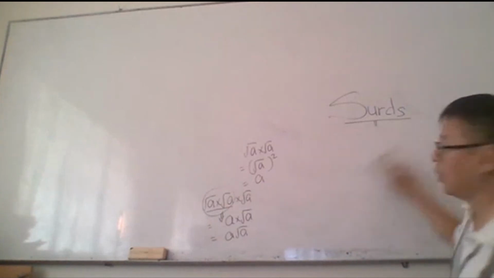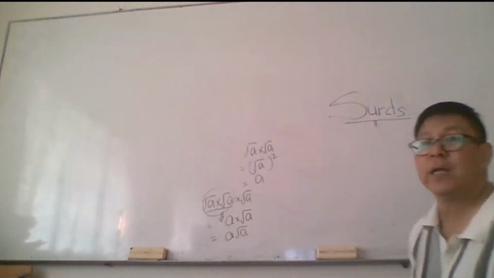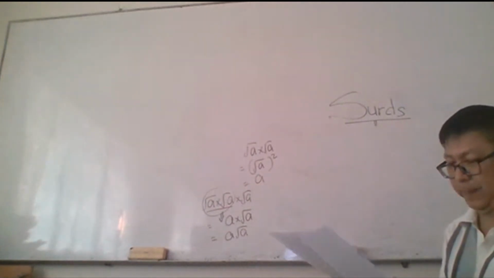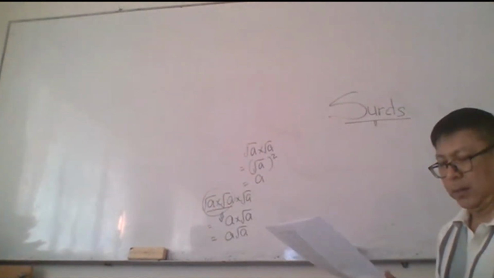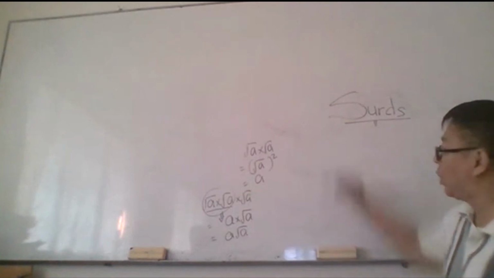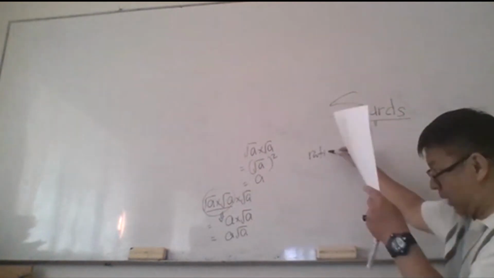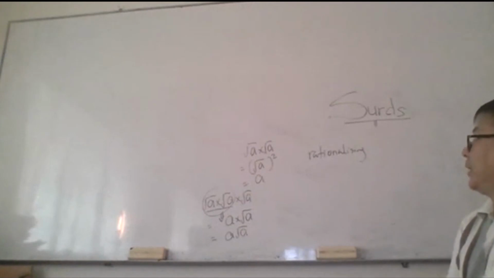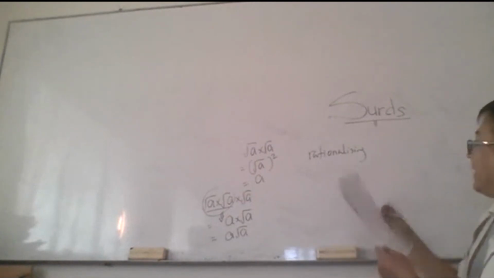So the law is only applicable to what? To your product and quotients. So another term is called rational. So how do you do rationalization? Rationalization for your denominator.